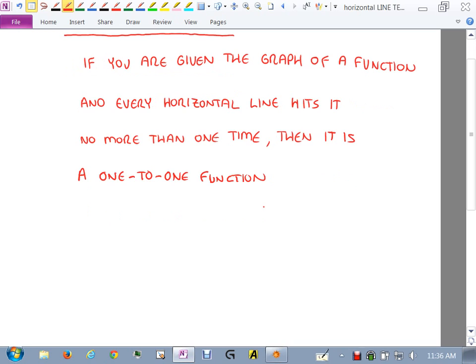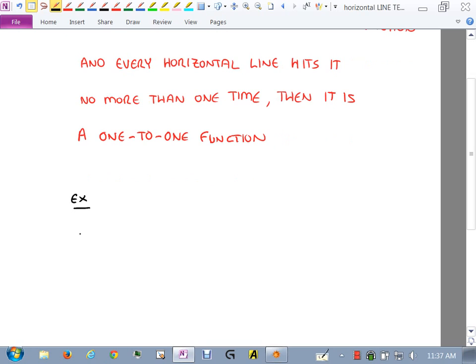All right, so let's do some examples. I'm going to give you a graph. That is a parabola, isn't it? Is that a one-to-one function?